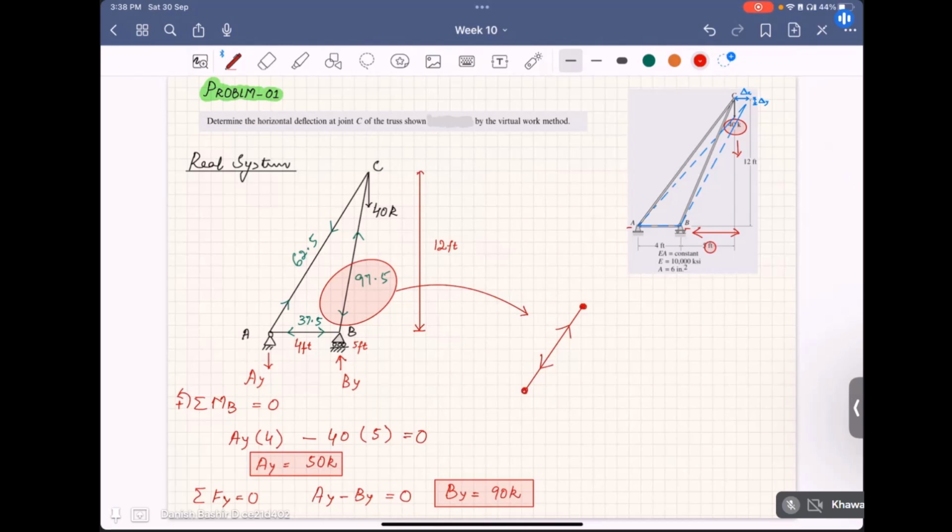So if we take any cross section of the member like this, what will be the internal forces developed in this so that these forces will be balanced? This is our member. So the forces will be like this. So internally it is being compressed.